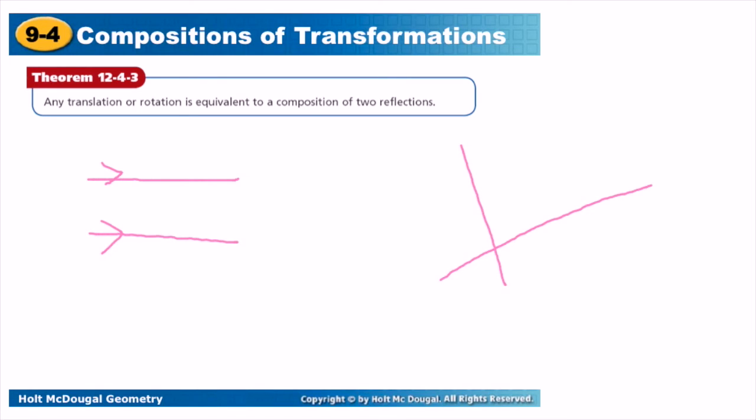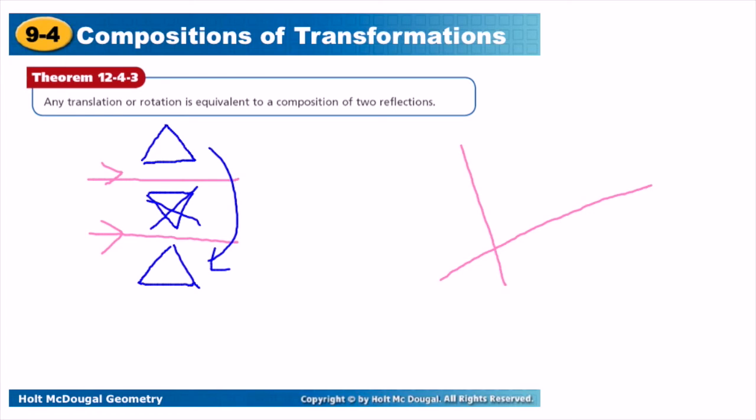So on that first component there, let's say we had a triangle. If I reflect over my first line of reflection, and then I reflect over that second line of reflection, your image of the image is your pre-image. So again, we're cutting out that middleman. That's what that tells me. And so that would be a translation.